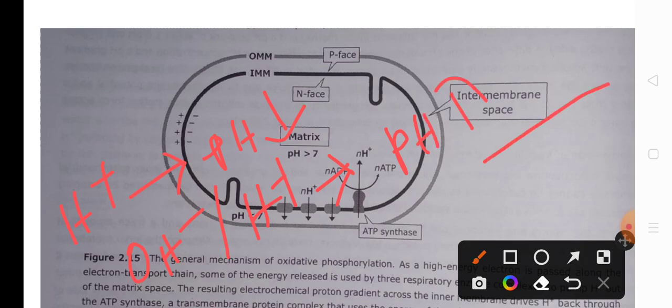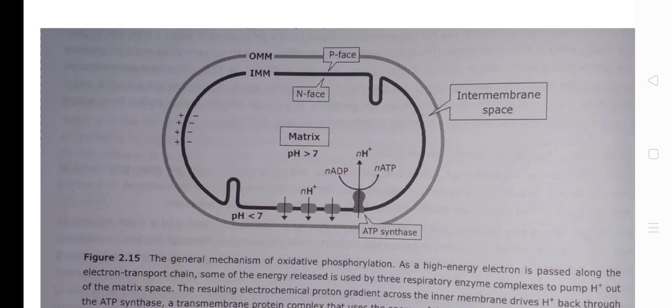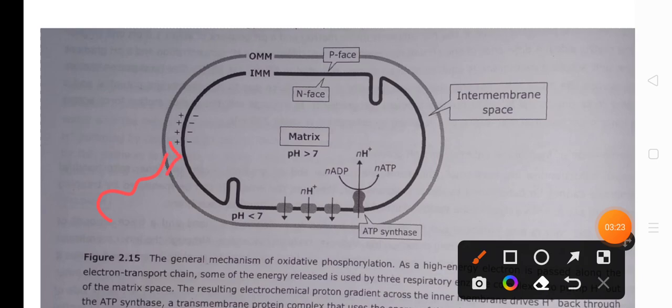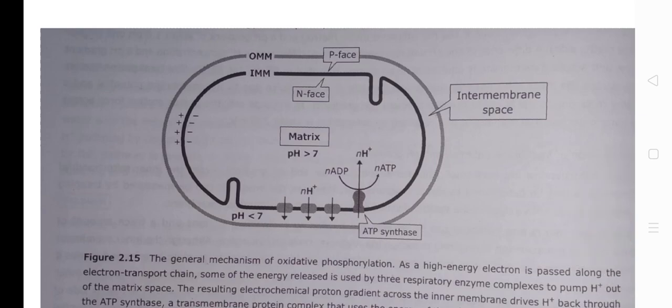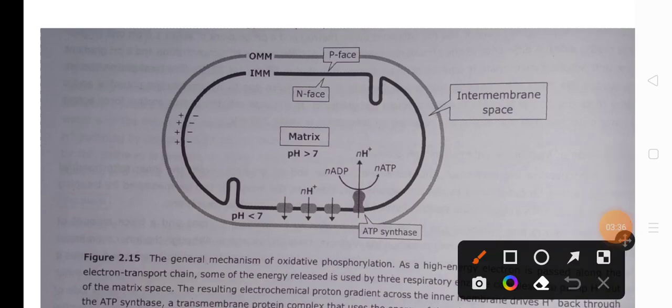So as the concentration of protons increases in the inner membrane space, it will decrease the pH, and as a result it creates an electrochemical gradient, or pH gradient, whatever you say.